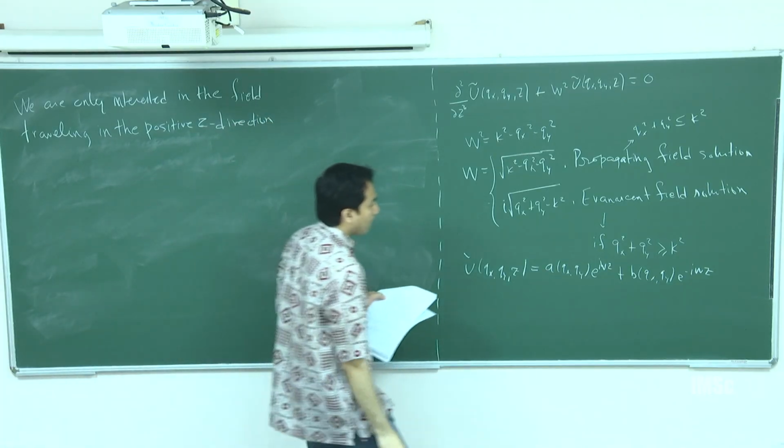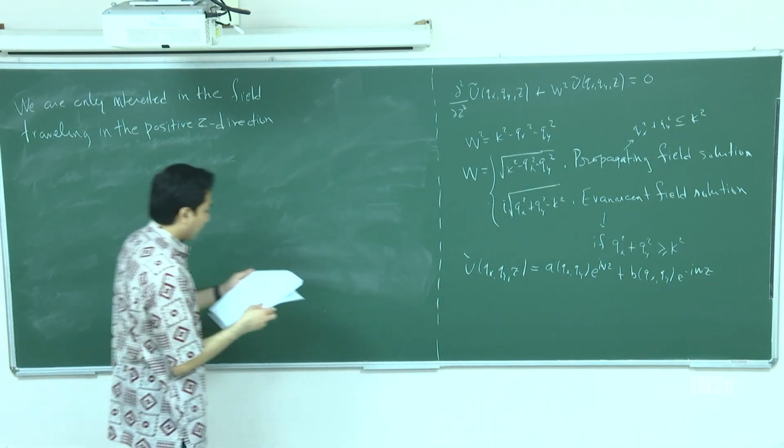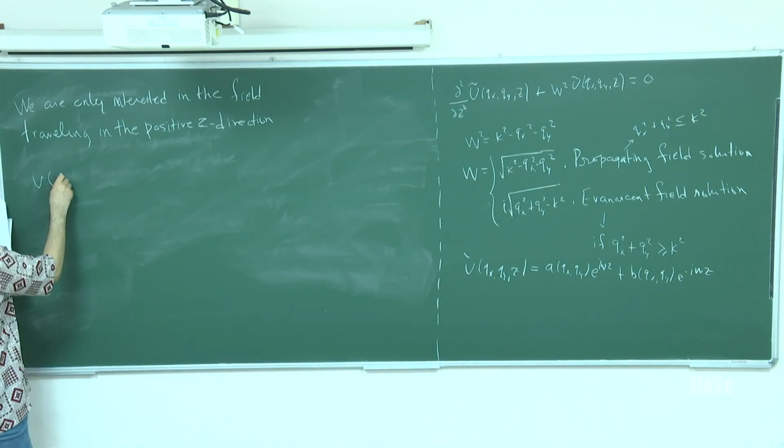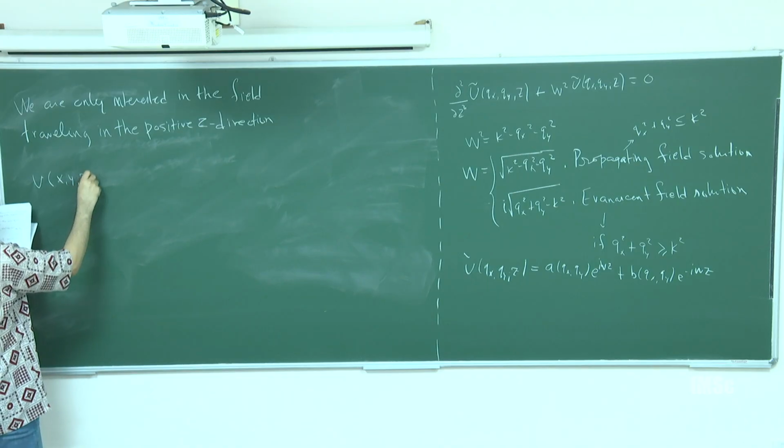So we will ignore B, which means U of x, y, z is this.